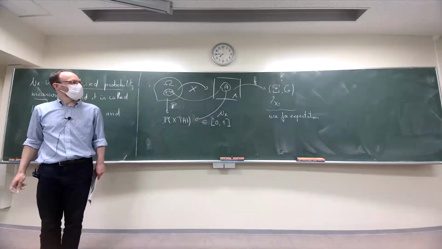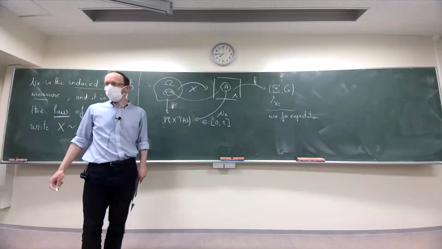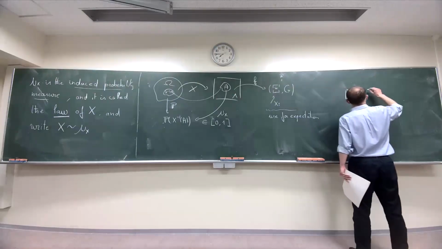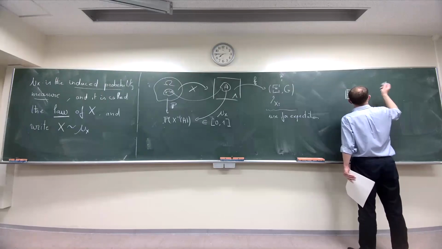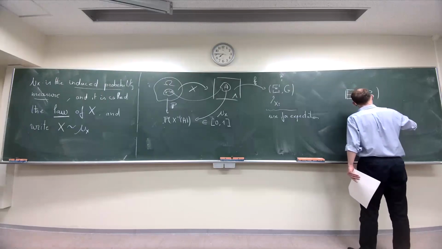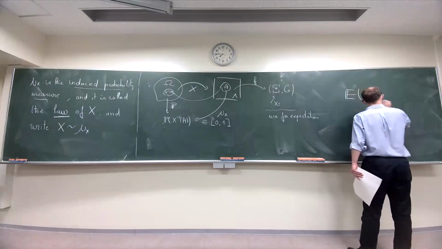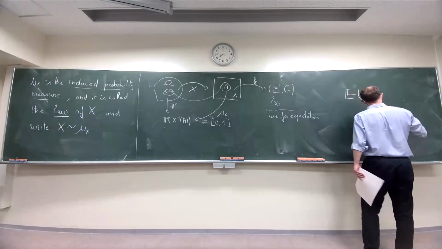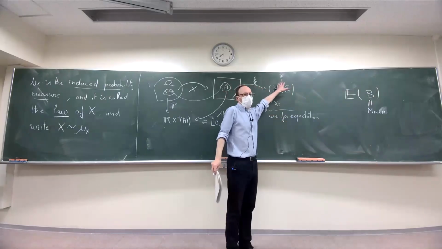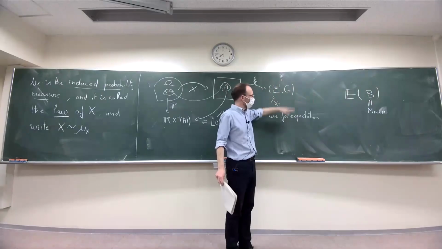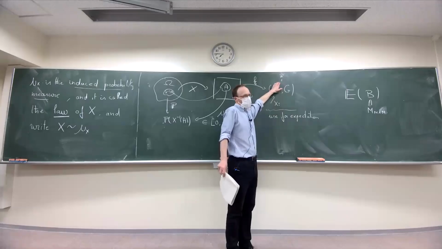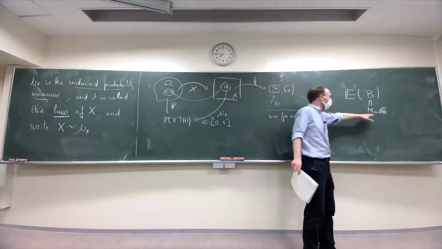So people use this with value in R, and then they cheat because they compute the expectation of a matrix. This is a matrix, n by n. But if you define an expectation on real numbers, then you're not allowed to use it on matrices.